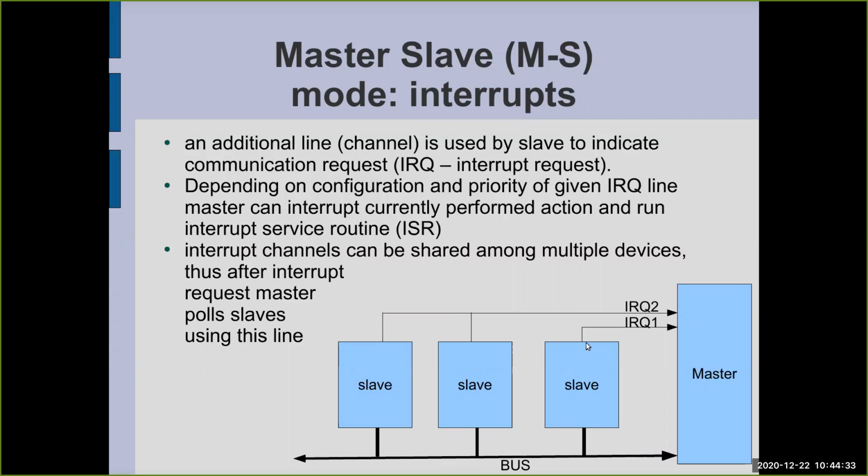But a slave or group of slaves are connected to master by using an additional connection or additional interface. And this interface is used only to indicate that a slave has something to send.